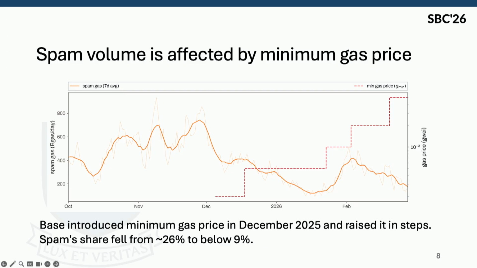As a result, the share of spam transactions fell from around 26% to below 9%. In contrast, the non-spam gas almost did not change after such changes, which means that spam volume is susceptible to minimum gas price increases.